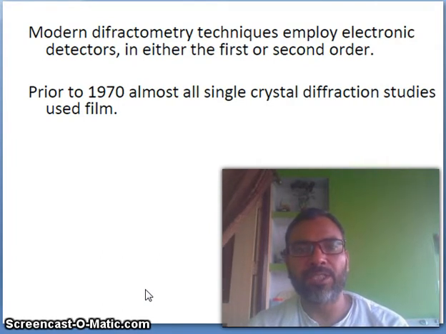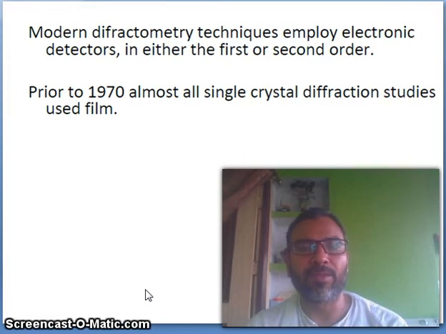Modern diffractometry techniques employ electronic detectors. Prior to 1970, almost all single crystal diffraction studies used film.